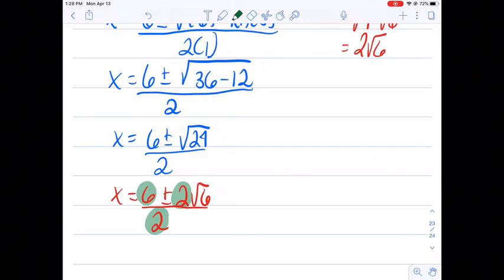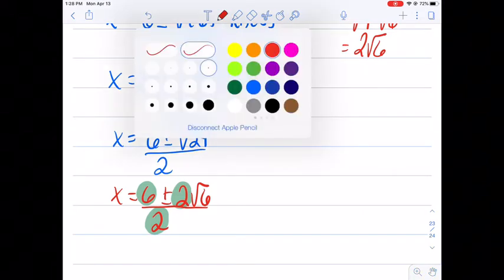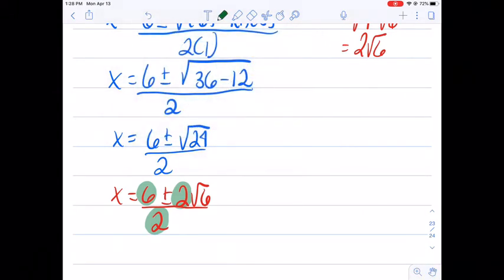But it's only numbers on the outside of radicals, and here is the trick. They all three have to have a common factor. Because remember, when we first set up the quadratic formula, this is really 2 fractions in one that we're working with here. So it's 6 over 2, and then 2 radical 6 over 2. So they both have to contain that common factor with the denominator, both parts on either side of the plus or minus sign.